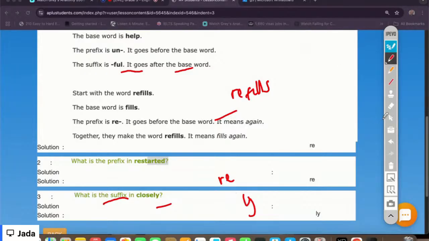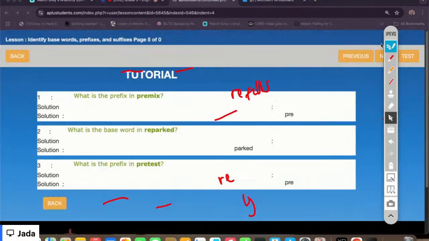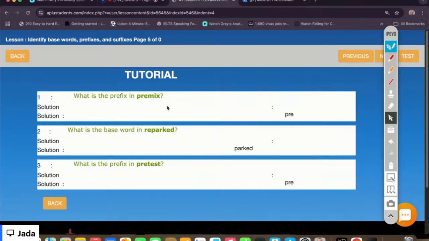All right. So let's look at some more examples. So we have, what is the prefix in premix?